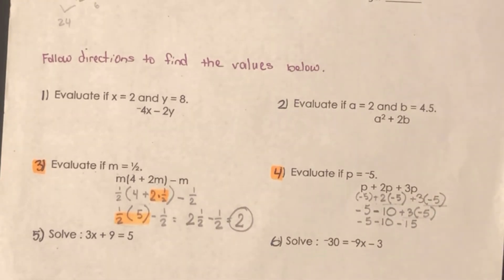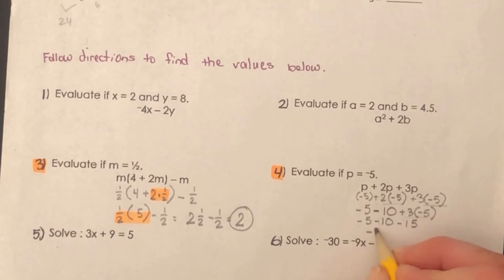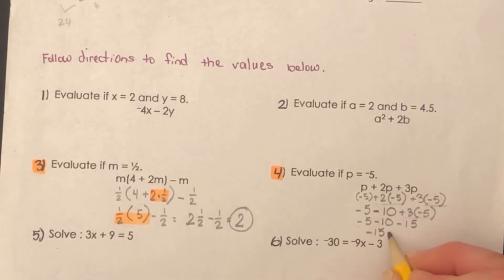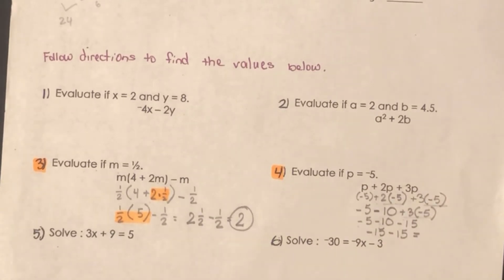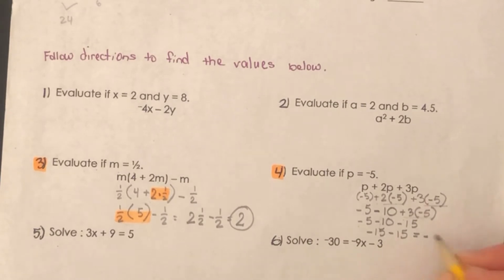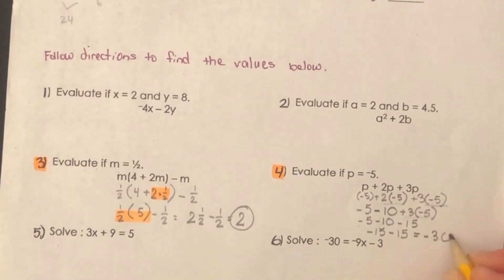Wow, so now I've just got subtraction. -5 minus 10 is -15 minus 15, and that equals, don't you dare say 0, -30. So you've got a lot of negatives.